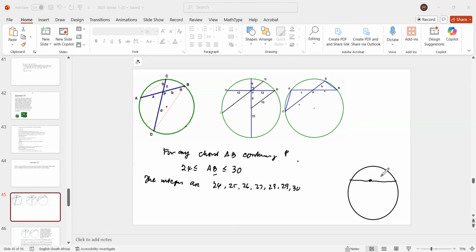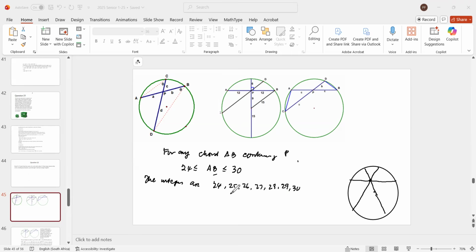Now, for instance, if this length here was 25, then if you take your diameter and reflect this on the other side, there will be another one with length 25. So if there's one chord of length 25, there's another one symmetrically across the diameter.